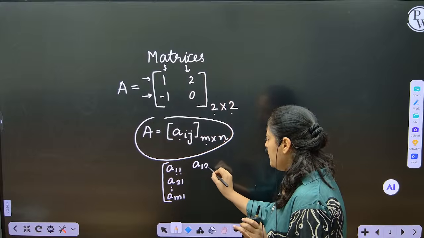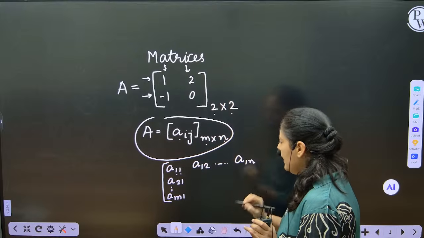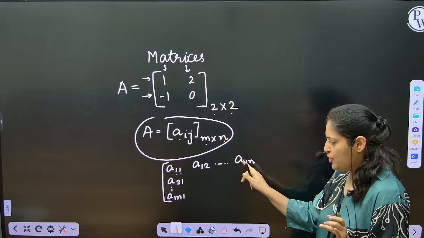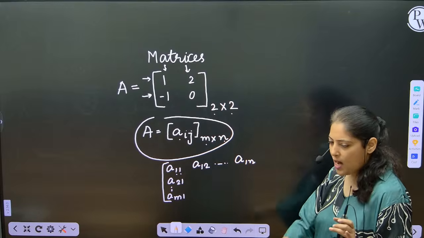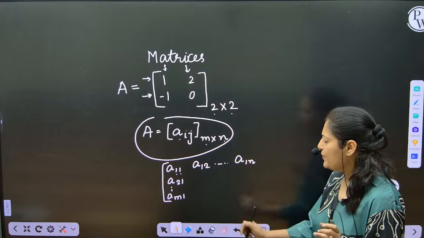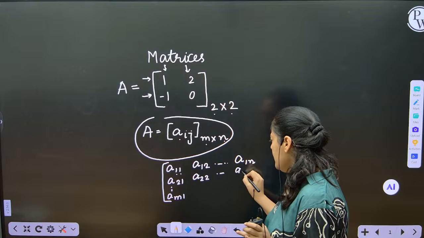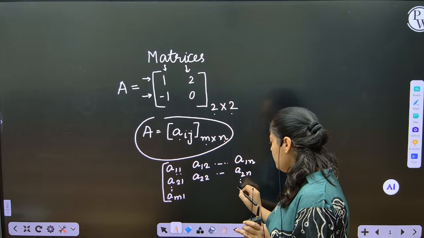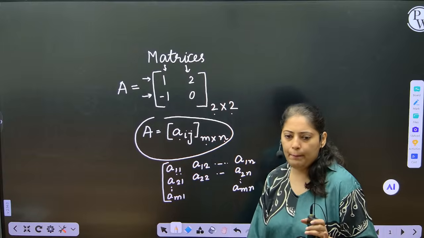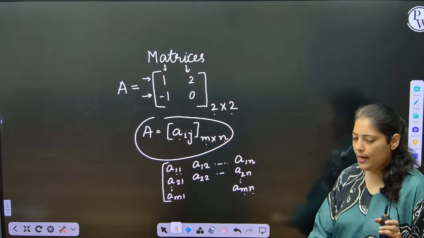Similarly, A12 and so on, the last element will be A1n. Why? Because this is the first row and this is the last column n. A22 and so on, A2n and so on, the last element will be Amn, because this is the mth row, nth column.